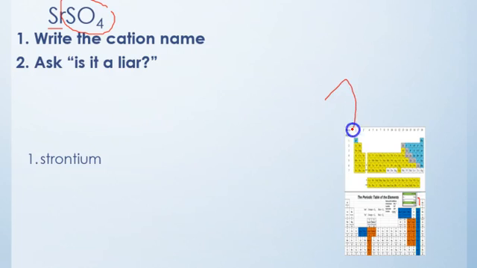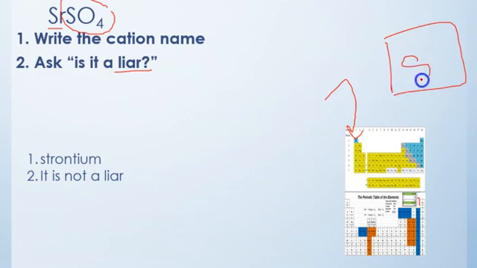So you've got to go look and find strontium on the periodic table to see if it is in a box that has more than one common oxidation state. That's what I'm asking when I ask if it's a liar. If you go look up strontium, you'll see that above the symbol for strontium, it only has a +2 charge.